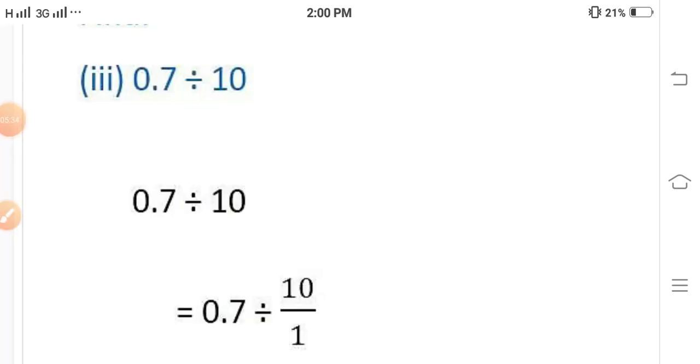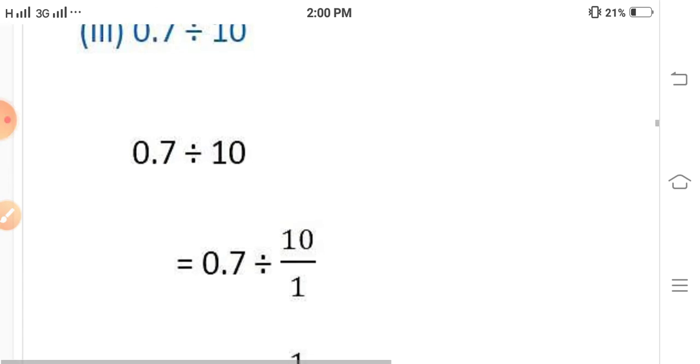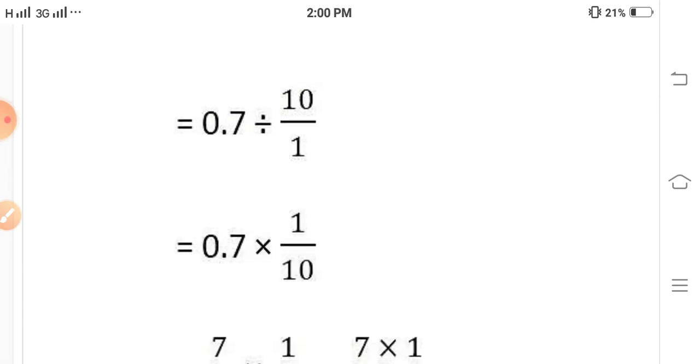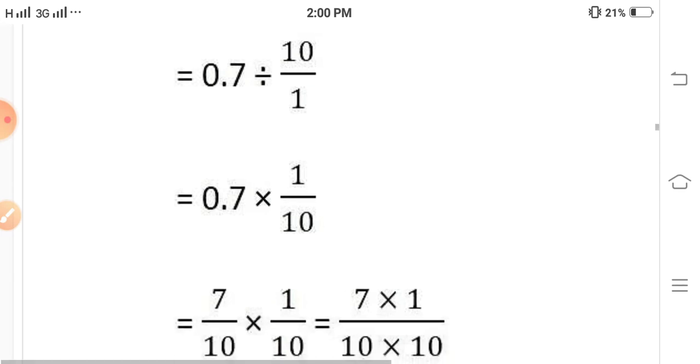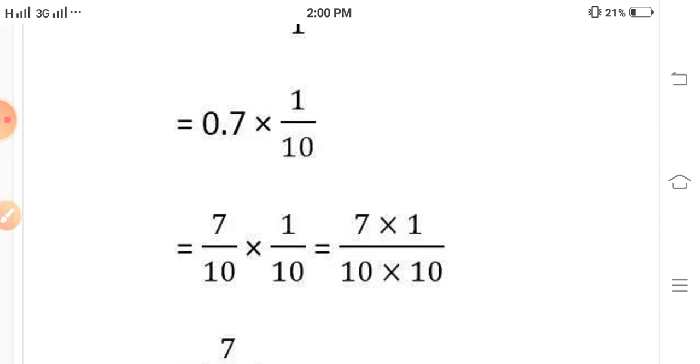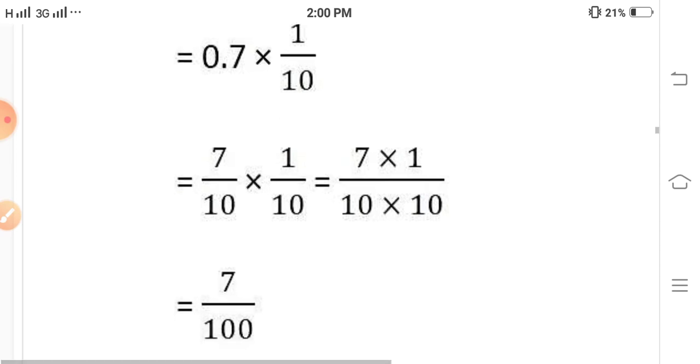Third part, students, 0.7 divided by 10. We can write 10 as 10 upon 1, take the reciprocal and change the division sign to multiplication. It becomes 0.7 multiplied by 1 upon 10. Remove the decimal, it becomes 7 upon 10 multiplied by 1 upon 10, which is equal to 7 upon 100.